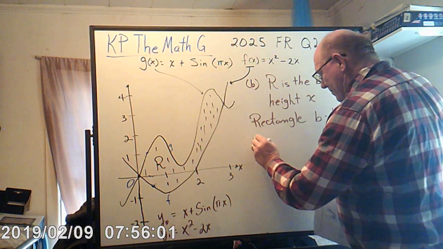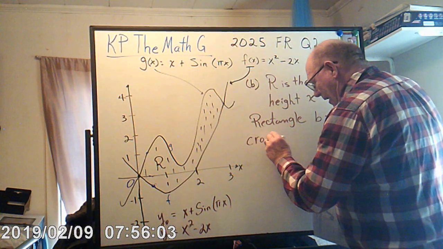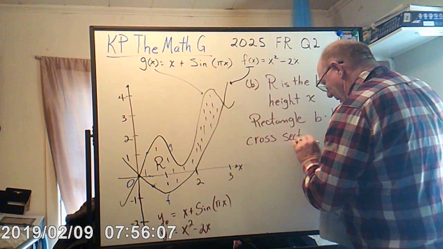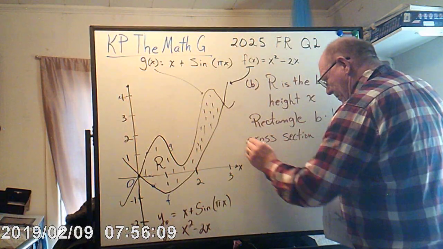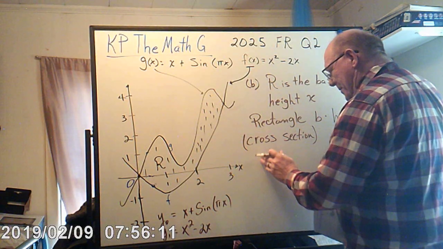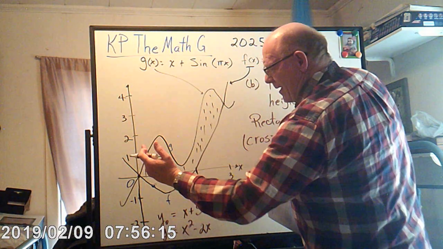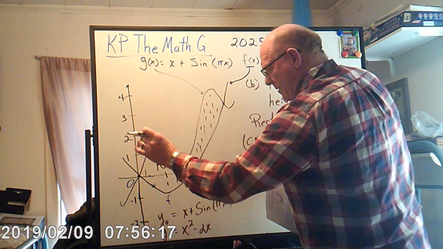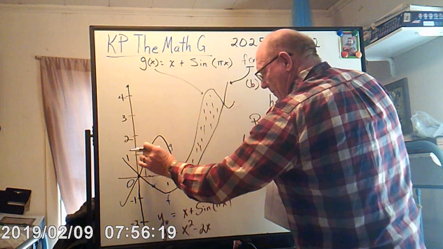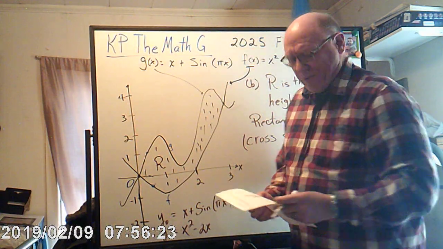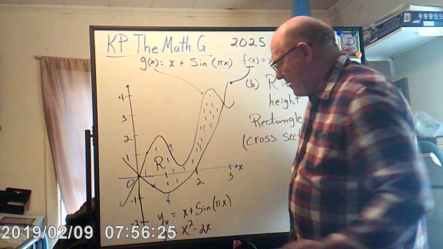So when I see the word cross section, I'm just going to put down keywords, cross section. Now cross section, it has something coming out, like a rectangle, so it comes out. I can't draw it in 3D form, so I'm just going to let it be.